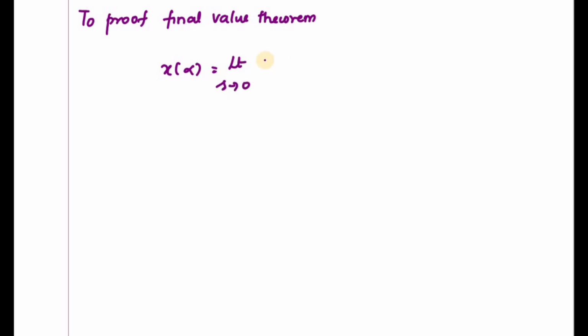So next, to prove the final value theorem: x of infinity is equal to limit s tends to 0 of s into x of s. This is the proof.